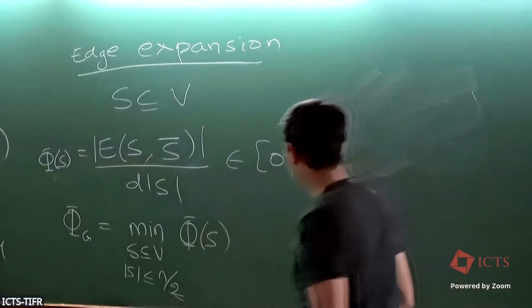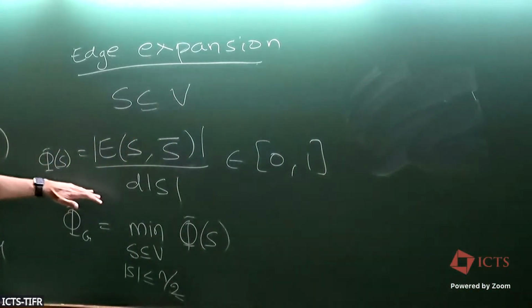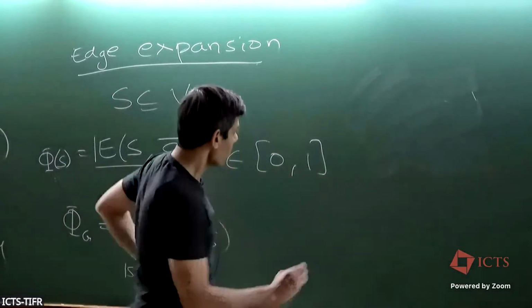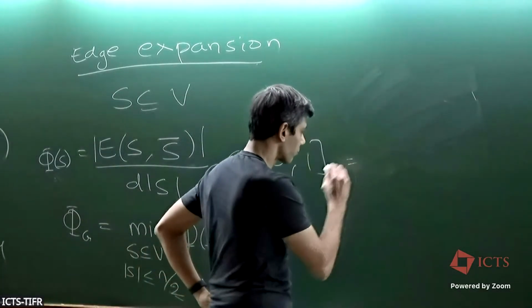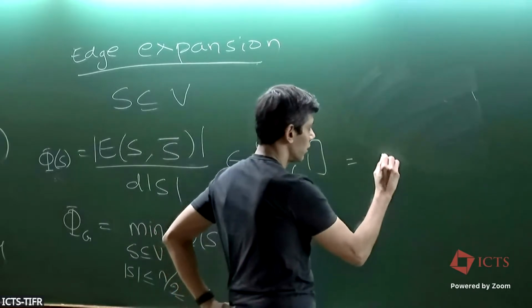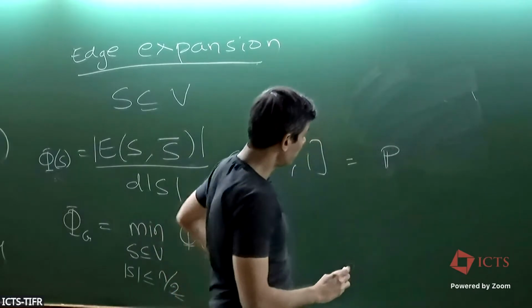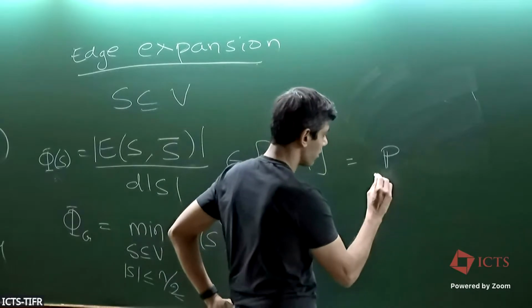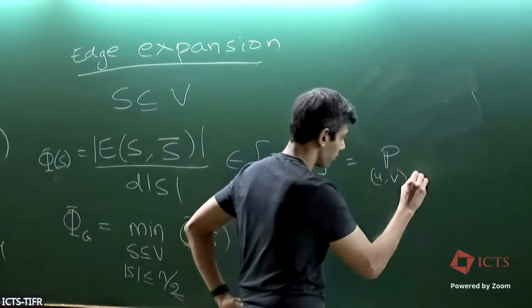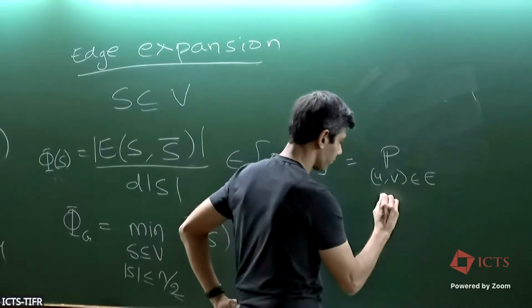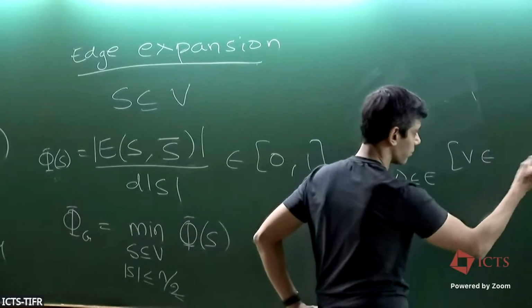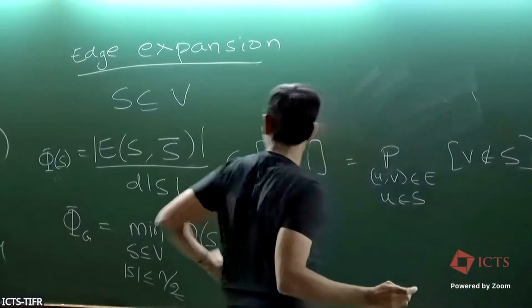Okay, there's one more interpretation of this quantity which I want to keep, and then we'll come back to it later. It's the probability that if I take a random edge, it's the same definition, it's not different.